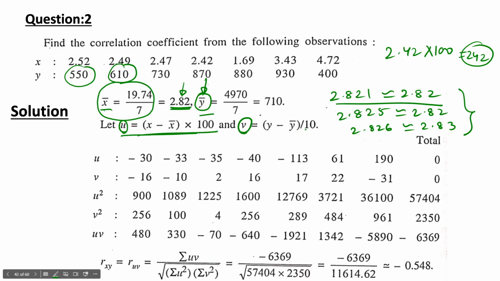But again you can do another thing. There it is already done, that you can divide this y minus y bar, this origin change, by 10 also. What will happen? That will give you some 2-digit values. So here you can see some 2-digit values are given. So I am giving a basic understanding, or a basic approach, that you should adopt.